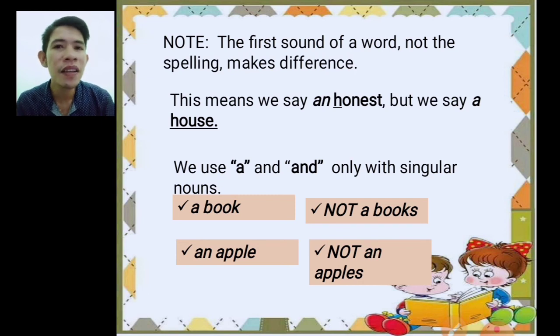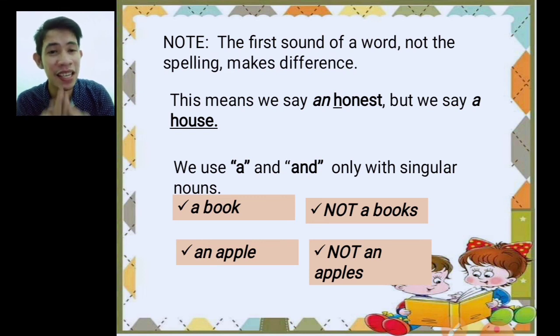Again, let's recap all the things that we have discussed. Articles, we have the, a, and an. The article the is a definite article, which means we are referring to a particular thing. Unlike a and an, these are indefinite articles. That means they are referring to any thing.